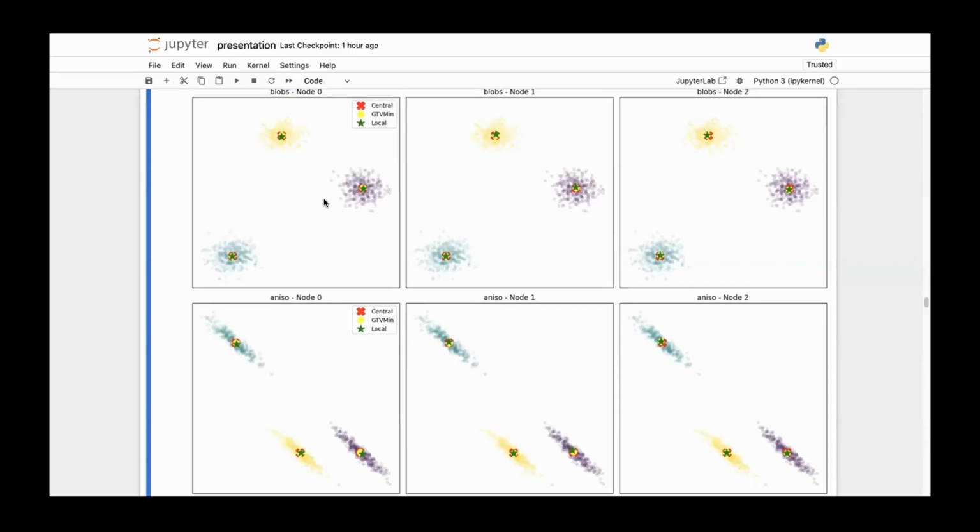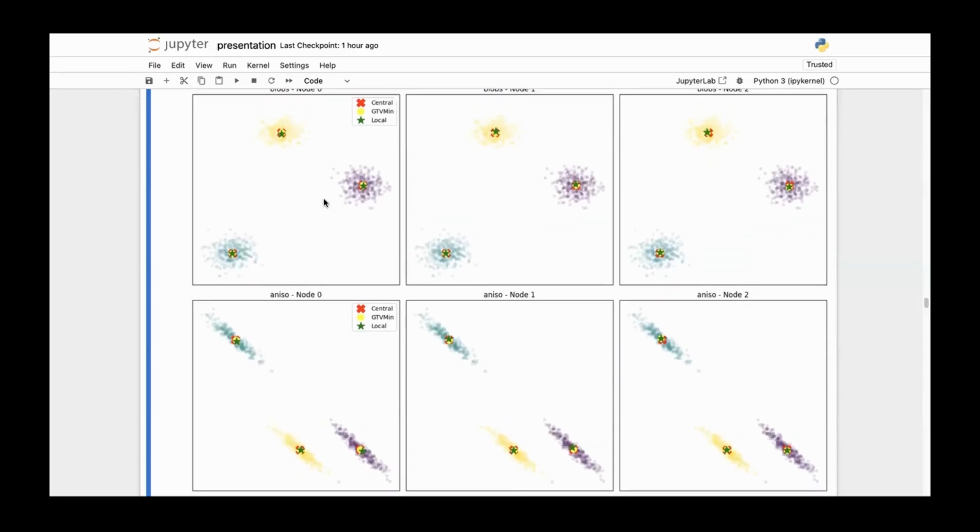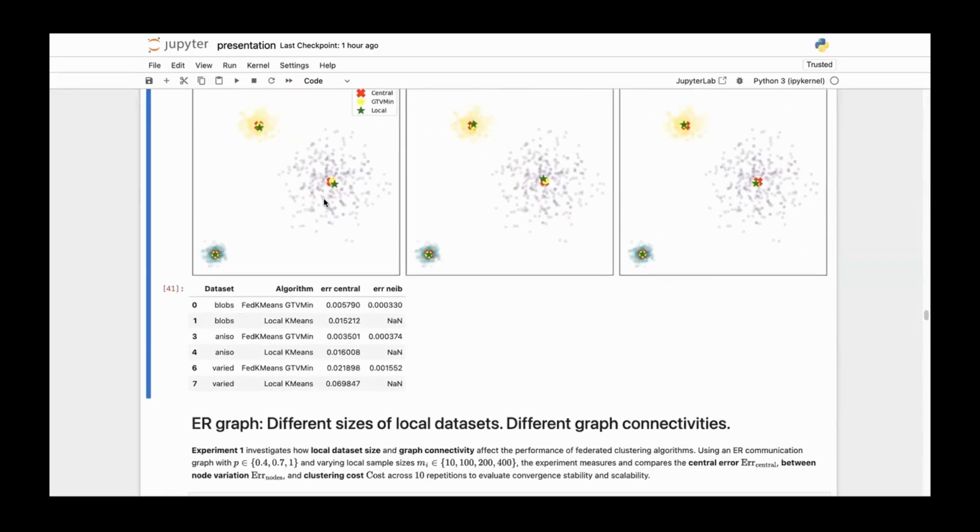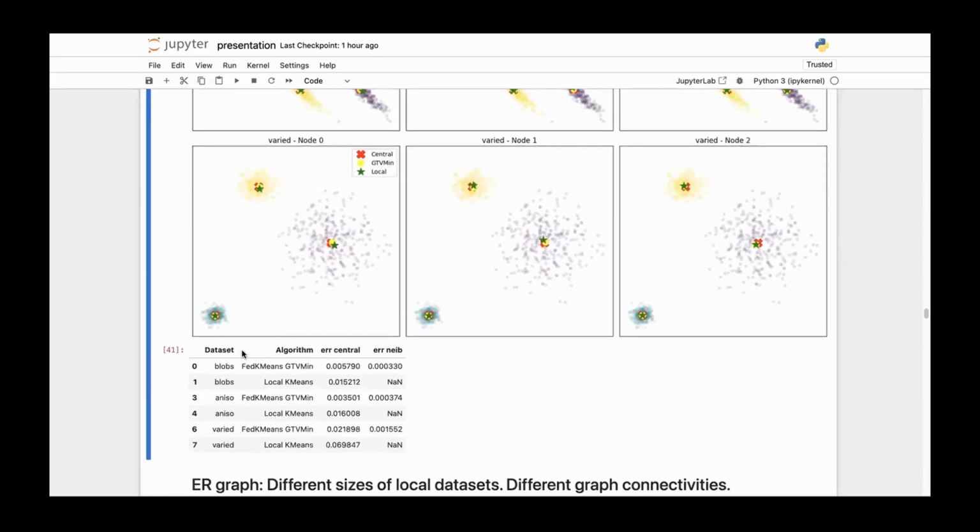But is our consensus term working? We can check it from the table. For dataset blobs, different algorithms, ours and local, and this error central is our evaluation metric, which is basically the mean squared distance between local centroids and central solution.